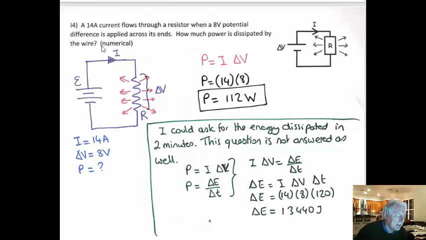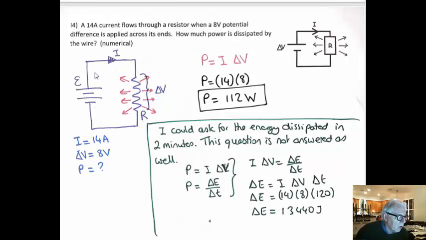We say it's dissipated in the resistor, and the power is a measure of energy per second, or work done per second. It's the rate at which energy is spent or transferred or work is done.